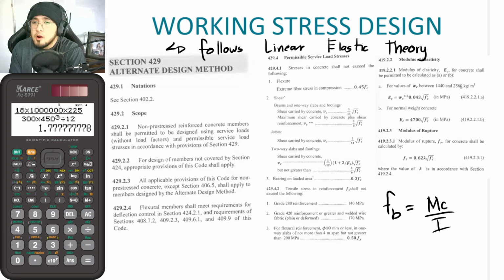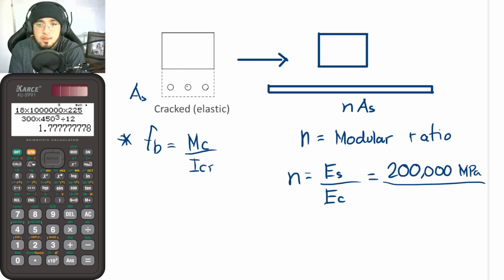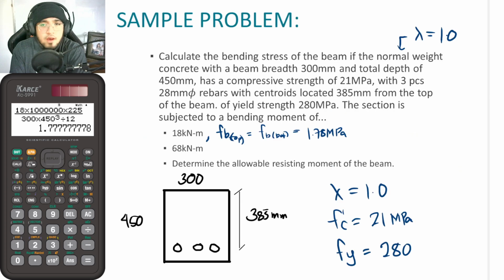If you are making use of normal weight concrete, the modulus of elasticity that you will use is equal to 4,700 times the square root of f'c. As you can see, it is dependent upon its compressive strength. So this is equal to 4,700 times the square root of 21. Our compressive strength is 21.